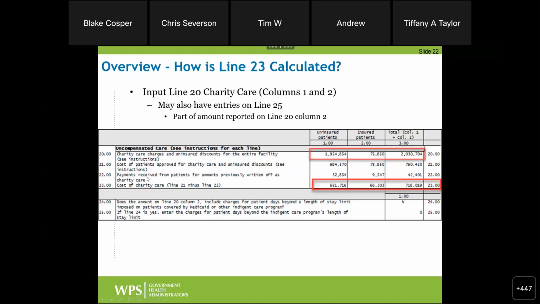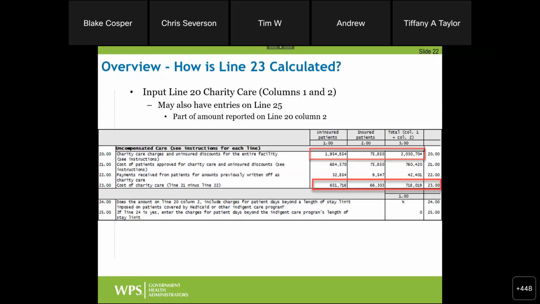The line I skipped is a line that's not commonly needed, but it's line 22 related to the payments, which offset that. I want to bring this up multiple times because it's another issue that's come up in the past. This payment line does not reflect all payments made by that patient. It only reflects payments that they made against something they didn't need to make a payment for because it was written off for charity care.